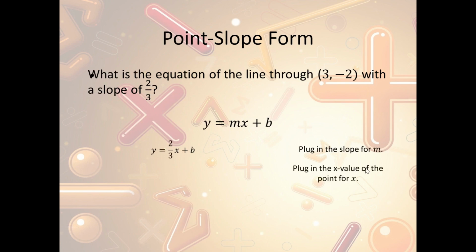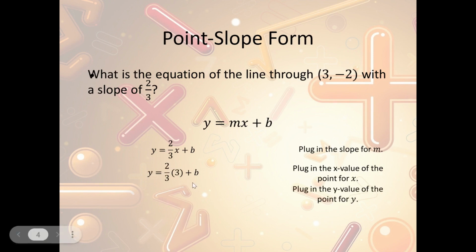Then we'll plug in the x value of the point we know. Well, the x value is 3, so we plug that in for x. And then we plug in the y value for y, which in this case is negative 2. And we get negative 2 is equal to 2/3 times 3 plus b.